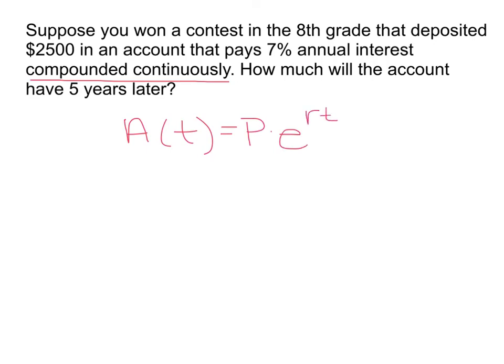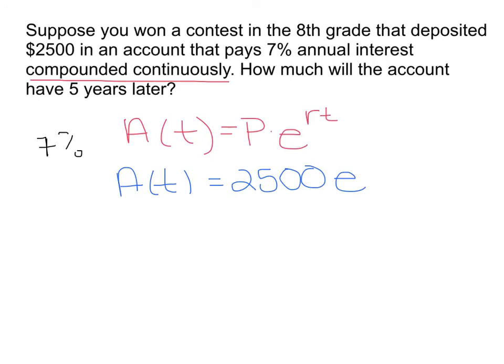Remember, P stands for your principal, so that's how much money you started with, which is $2,500. e is the button on the calculator. 7%, remember, we have to change it to a decimal. So we move it 2 to the left, so it's e to the 0.07 power times 5. Then we just type all of that into our calculator, 2,500, and then the e to the x button, 0.07 times 5.